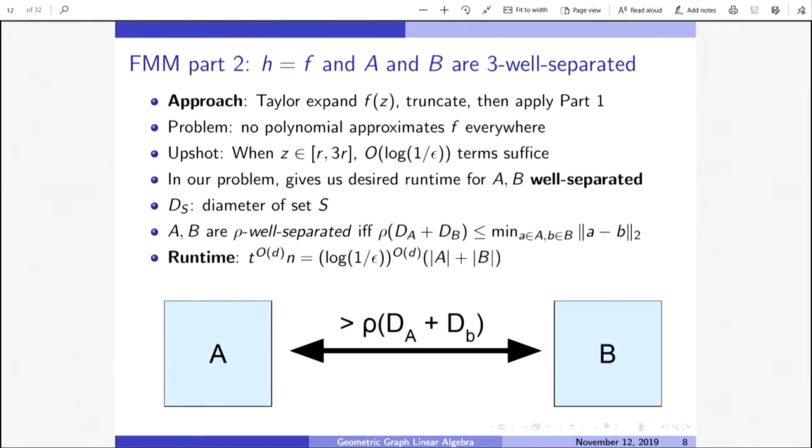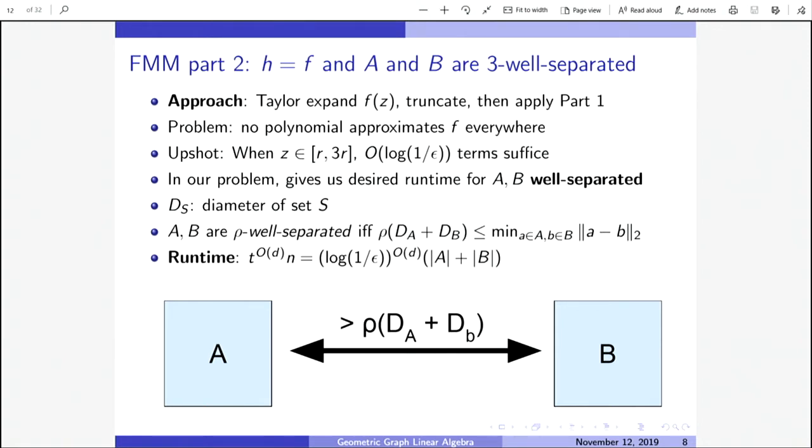The claim is that on the interval r comma 3r, there's a polynomial that epsilon approximates f with degree log of 1 over epsilon. You just take the Taylor expansion and chop it off after log of 1 over epsilon terms.